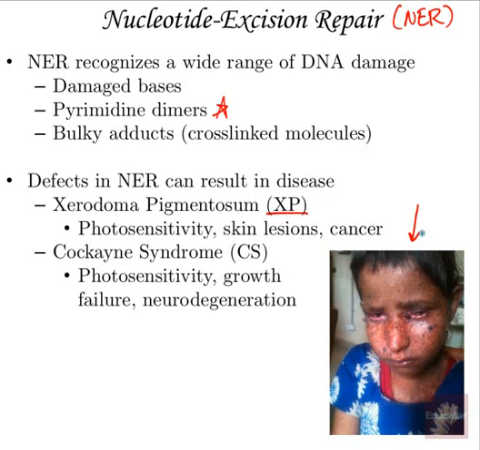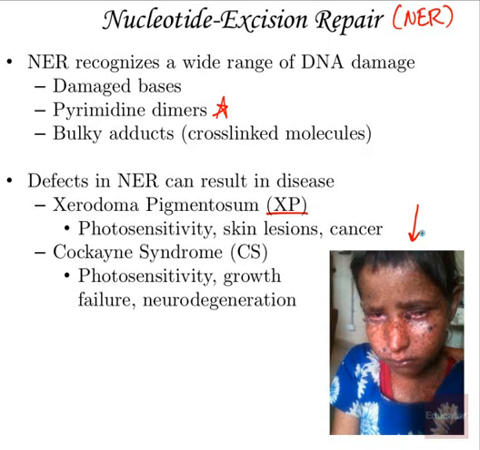And actually, people with XP can't be in sunlight for very long by any means. And when they do go outside, they have to go out fully clothed. It almost looks like a beekeeper's uniform, in that they have a hat with a face shield, and their body should be covered so that you don't end up with the accumulation of all these mutations.